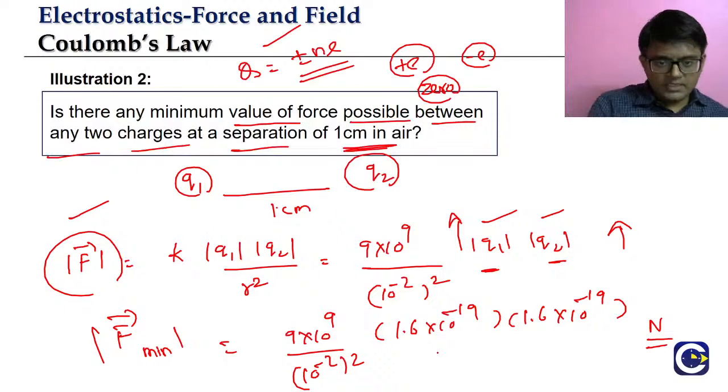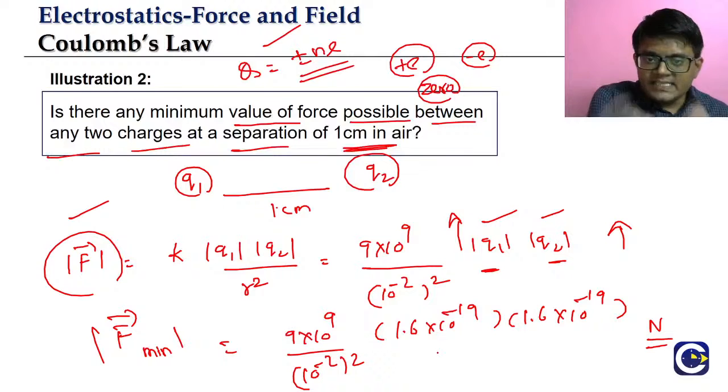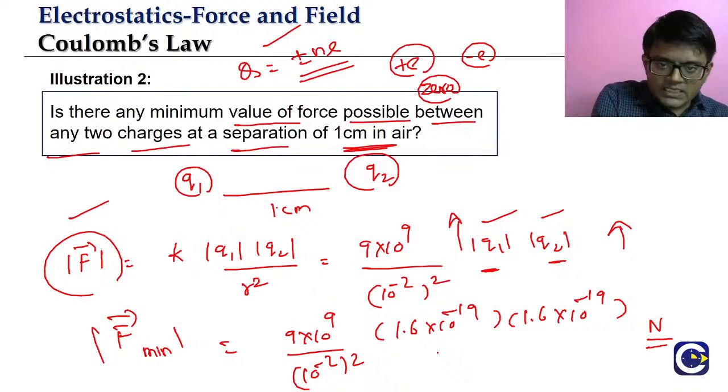But in the question we are not required to find it. They are asking just, is there any minimum value of force possible? The answer is yes, there is a minimum possible value of the force, because the distance is already fixed. The charge value can only have the minimum value of the basic charge.